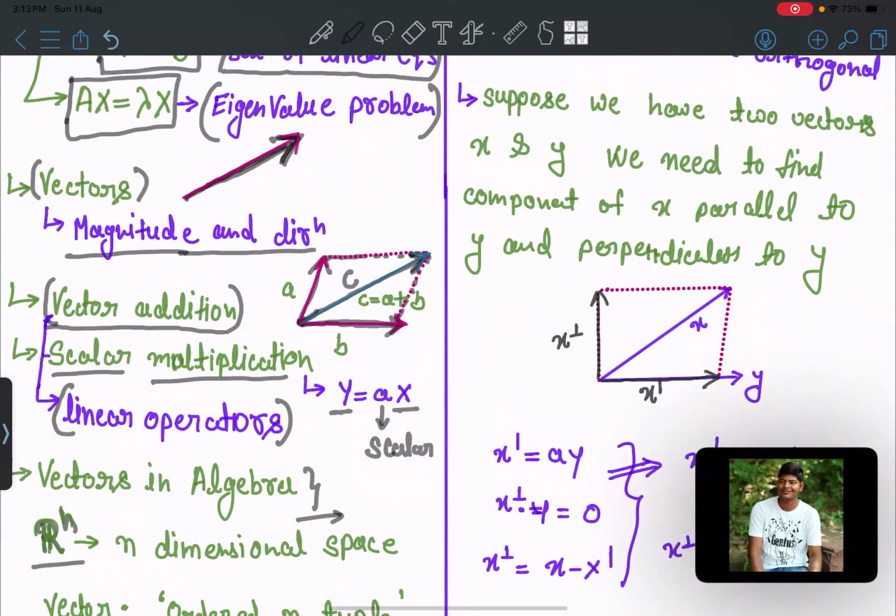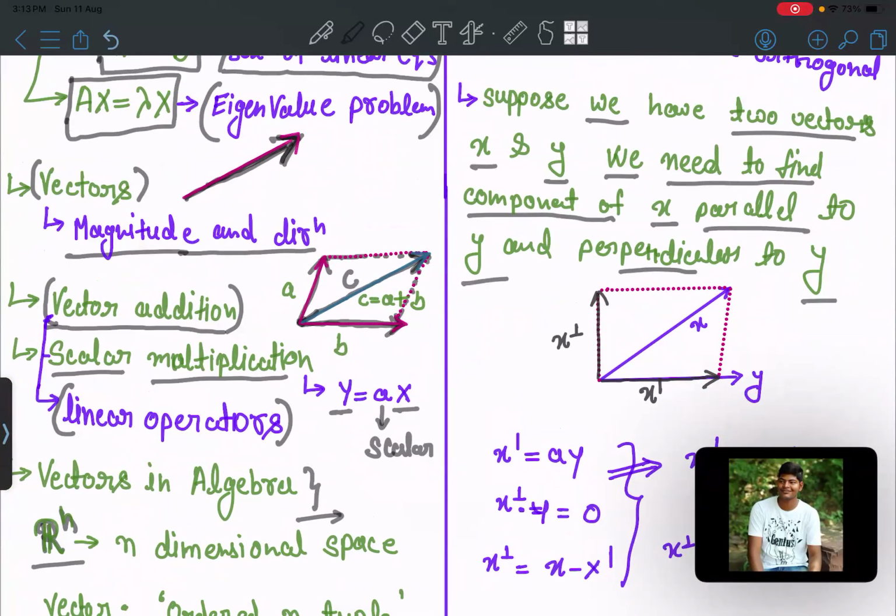Now suppose we have two vectors x and y, and we wish to find the component of x parallel to y and perpendicular to y. We have some vector x in this direction and some vector y in this direction, and we wish to find the component of x along y and perpendicular to y.